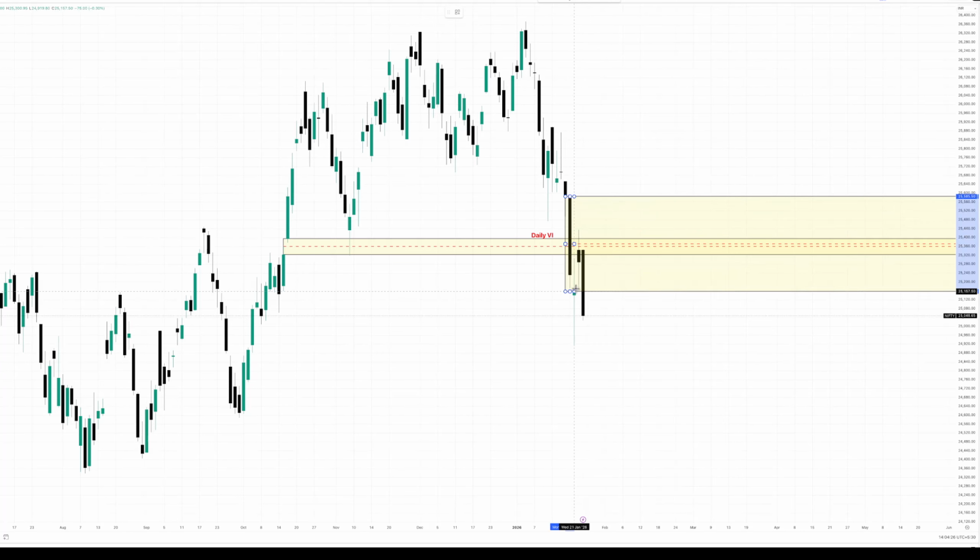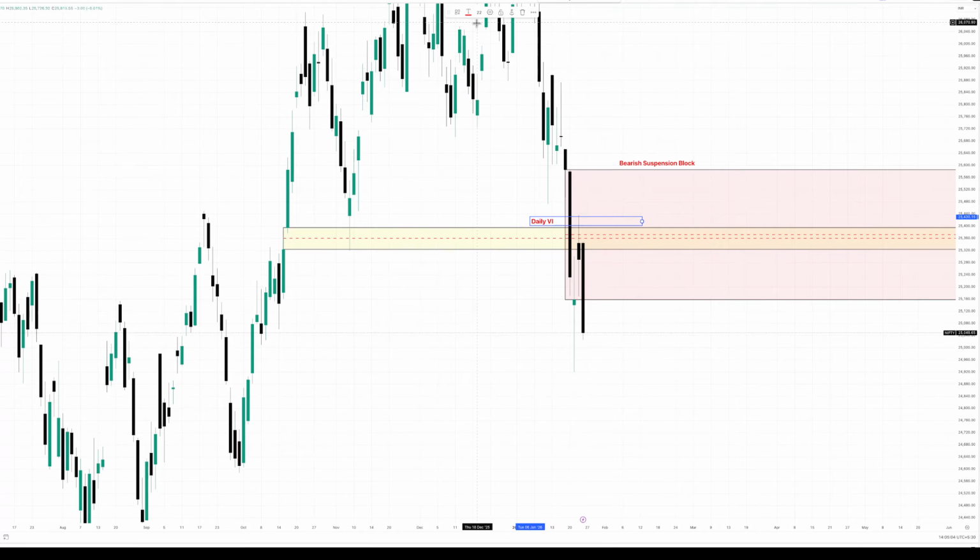This is a bearish one, so let us make it red. This will be the bearish suspension block. I'll write bearish suspension block. This one I will make blue.